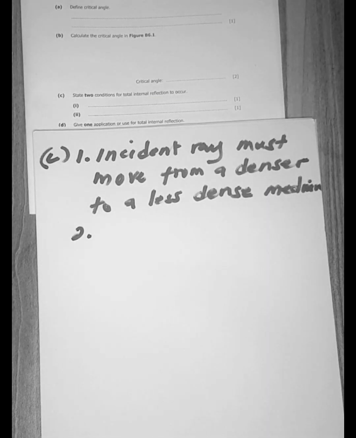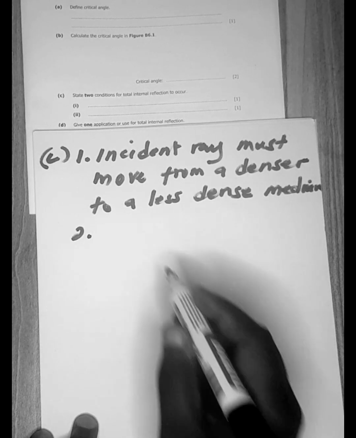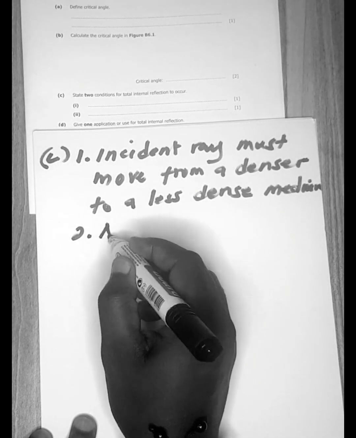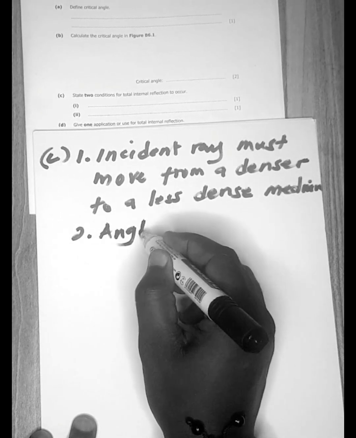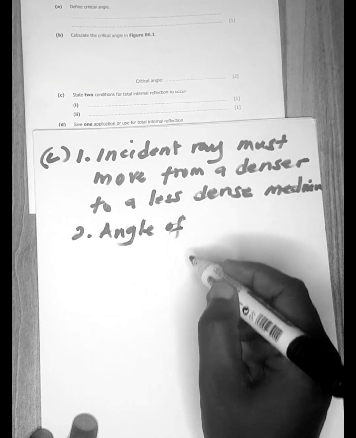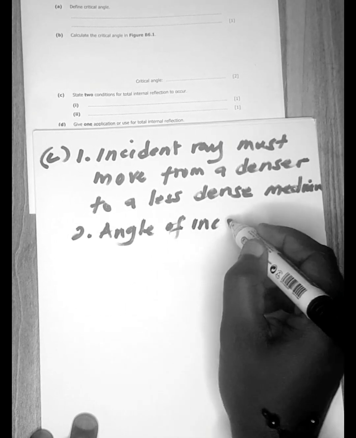the angle of incidence must be greater than the critical angle. So the angle of incidence must be greater than the critical angle.